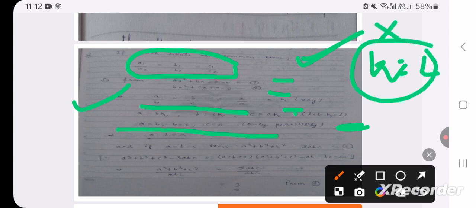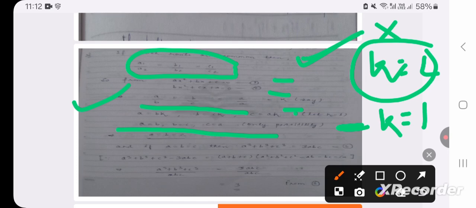On applying this and putting the respective coefficients, we will equate it to k, and if we let k is equal to 1, then the only possibility here is that a is equal to b is equal to c, and c is equal to a. Whether we put k is equal to 2, 3, or any value, we will not get the values of a, b, or c. So only when we put k is equal to 1 we will get the value, that is a is equal to b is equal to c.